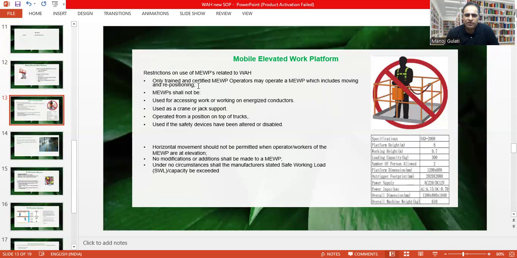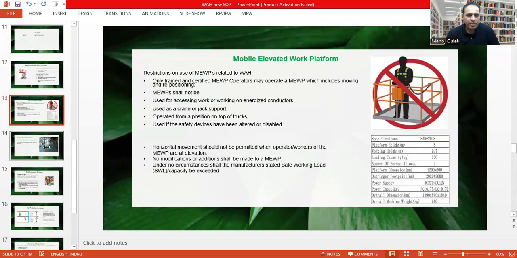So these are some of the requirements for MEWP usage. We also have an annual third-party inspection, in which the third party inspects this entire machine, all its hydraulic arrangements, its safety controls, and its basic overall structure. After the third-party inspection, this machine is declared fit for use.